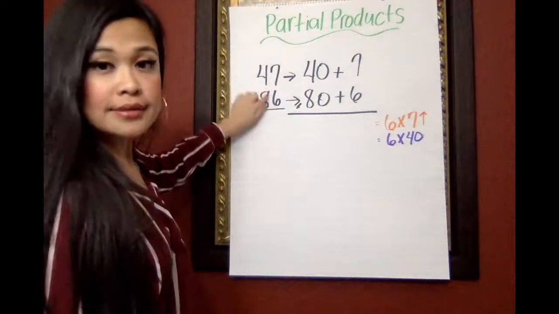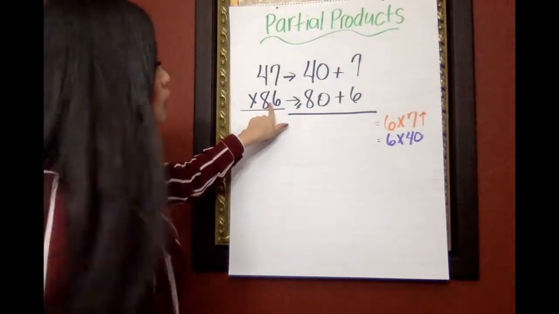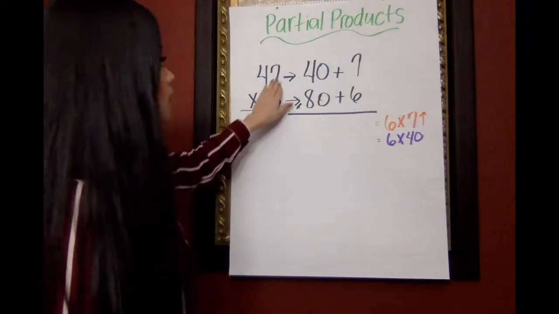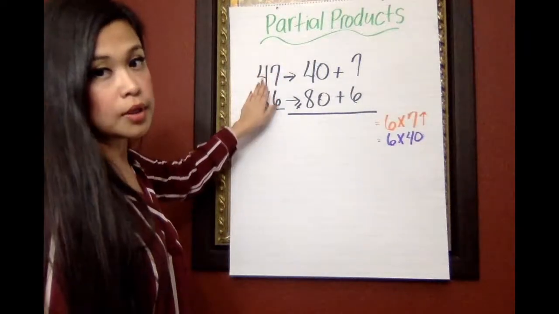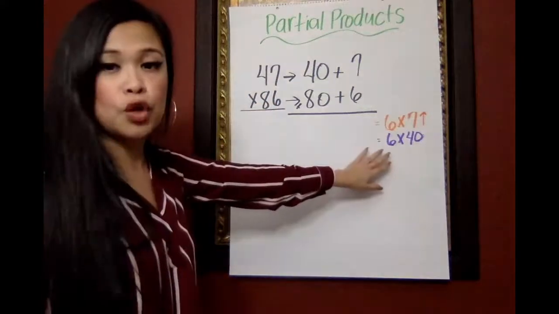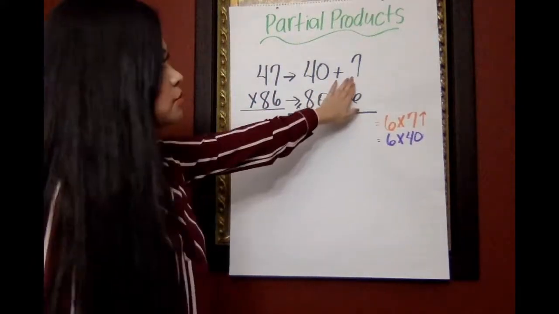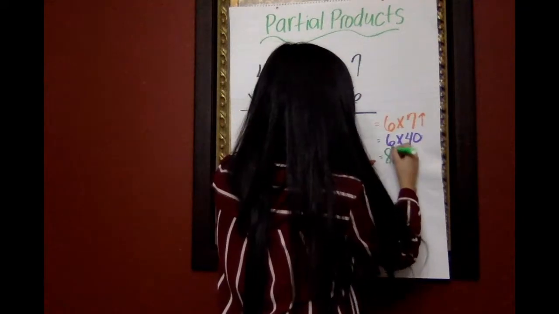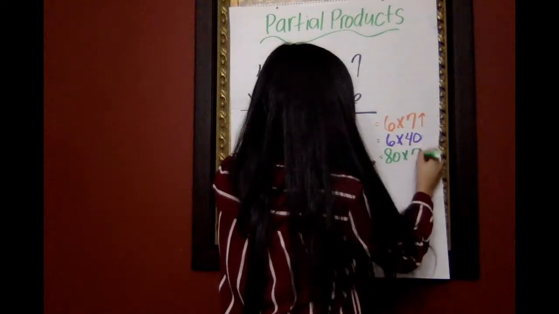So, like I said, the bottom numbers are the ones that are going to be used, and they're going to be multiplied by each one at the top. So the bottom numbers are the ones that go first. 80 times 7. That's what I'm going to multiply next.